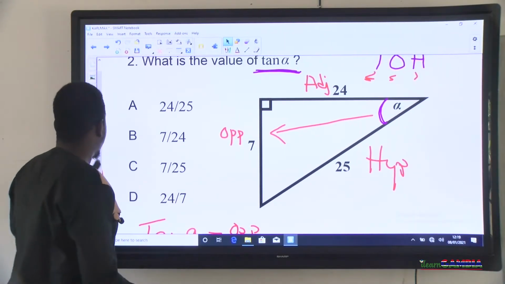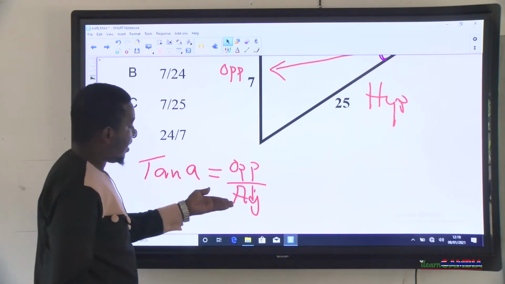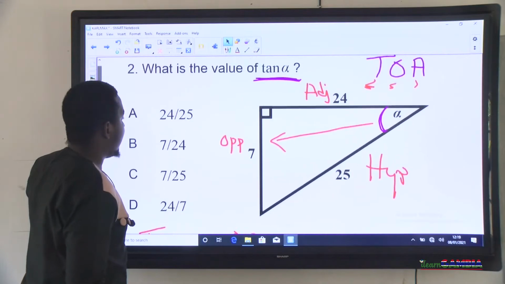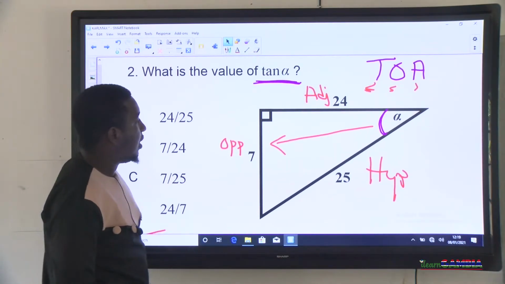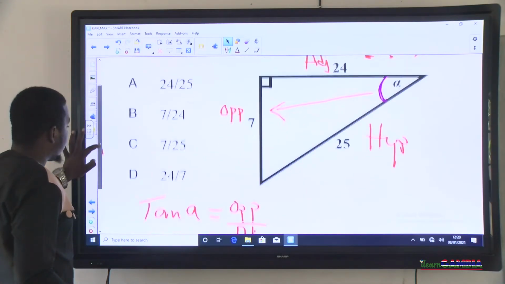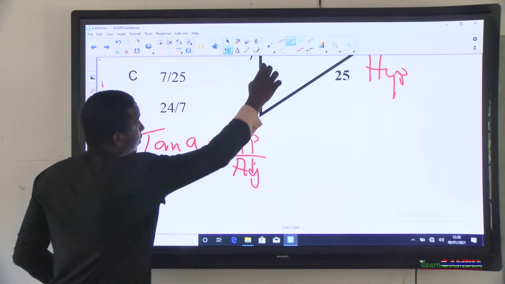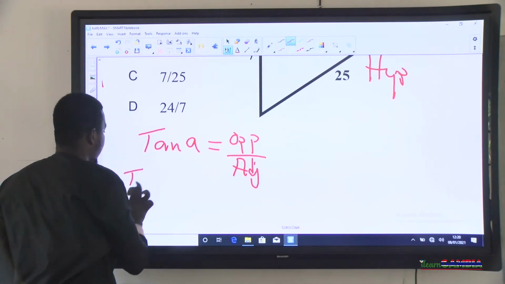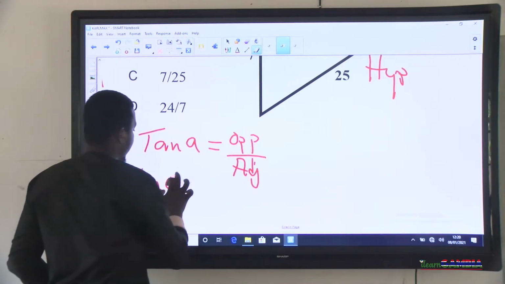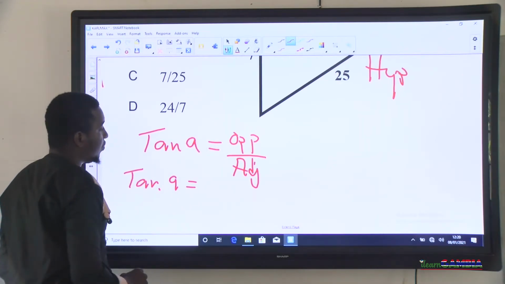So in this case, remember we are dealing with tan, and tan A is equal to the opposite divided by the adjacent. From the diagram, the opposite is equal to 7, and the adjacent is equal to 24. So tan of angle A is equal to, what is the opposite?